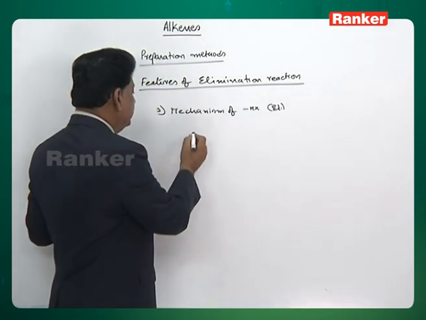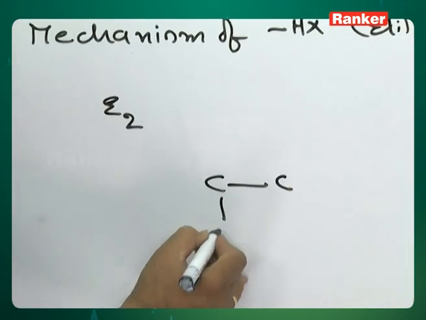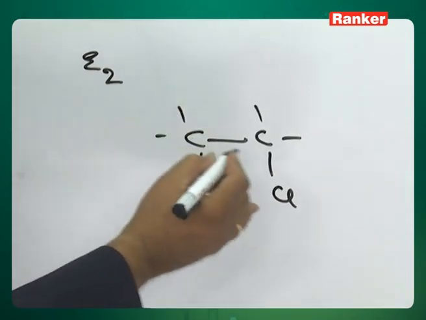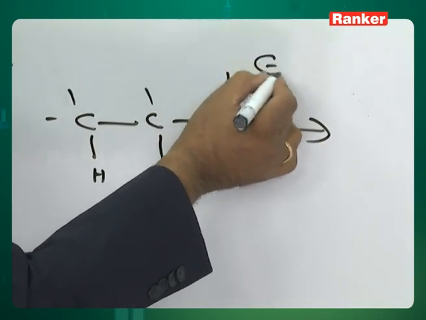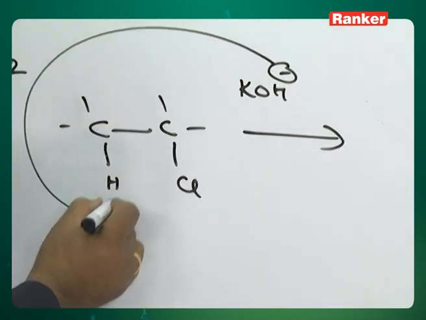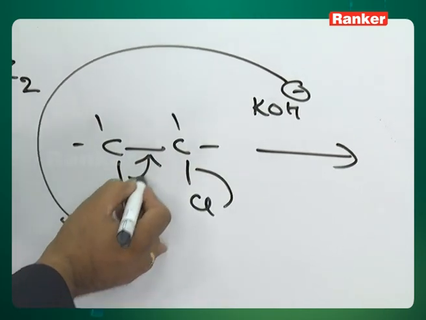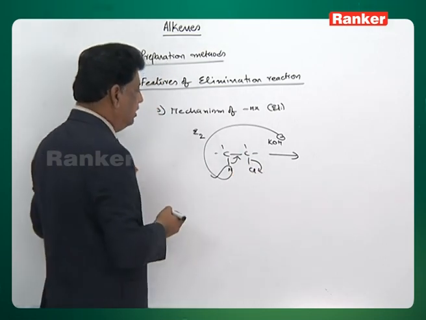There can be 2 fundamental differences. The first one is E2 elimination. In E2 elimination, the H and the halogen simultaneously go out because of the influence of the KOH. The OH minus takes the hydrogen and leaves the 2 electrons to the system, and the chlorine withdraws 2 electrons.